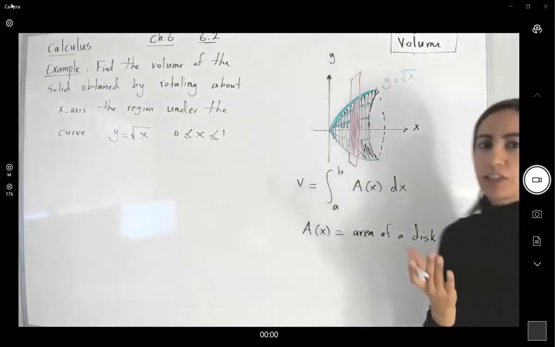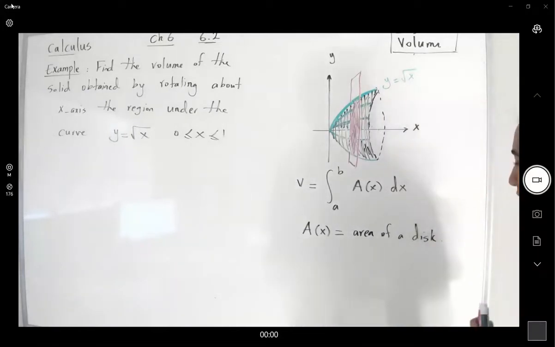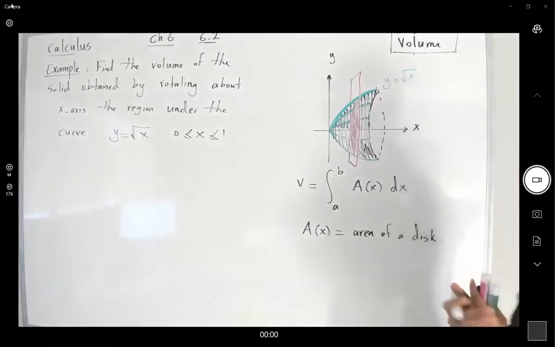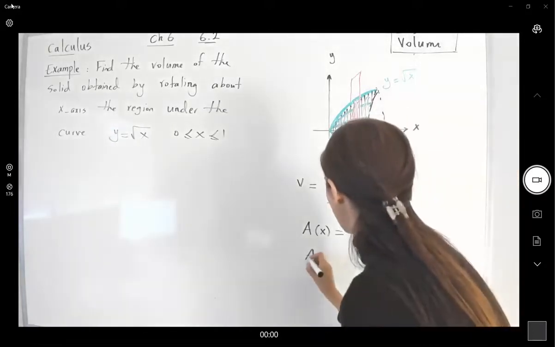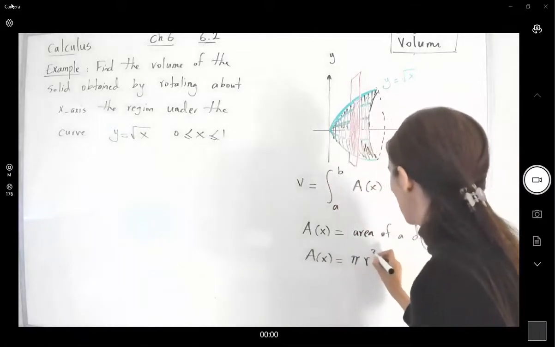But how do we find the area of a disk? What was the formula? The formula was pi r squared, am I right? So A of x is pi r squared.